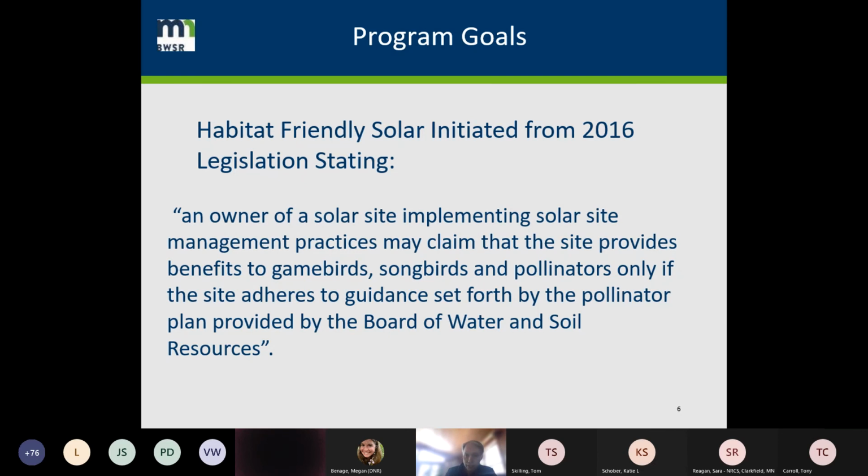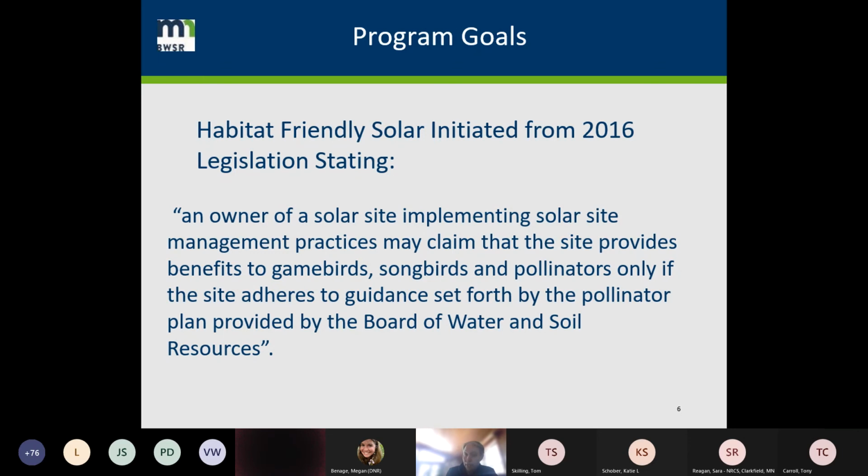The intent of this legislation was to ensure that if a solar developer was coming into a community and claiming that they would be providing pollinator benefits, it would be an extensive planting, and they wouldn't just have one portion of that site be in pollinator habitat and the rest of it in gravel or turf.